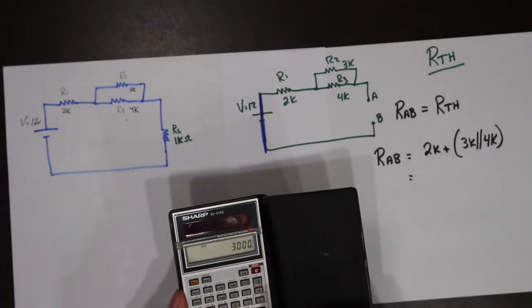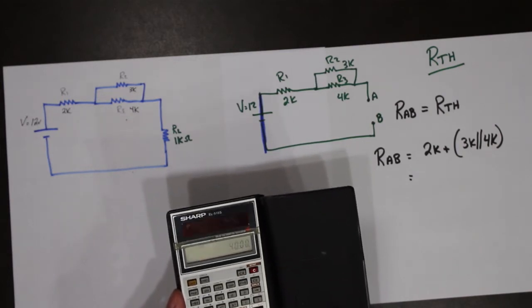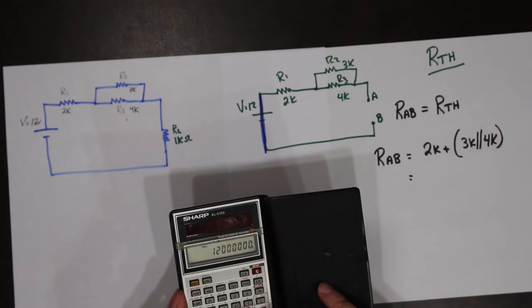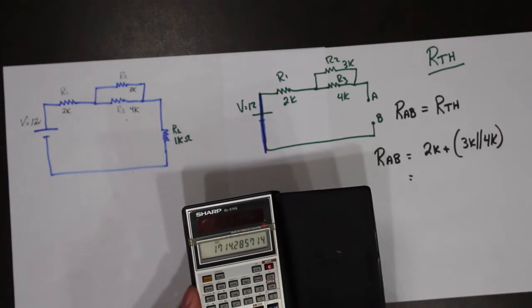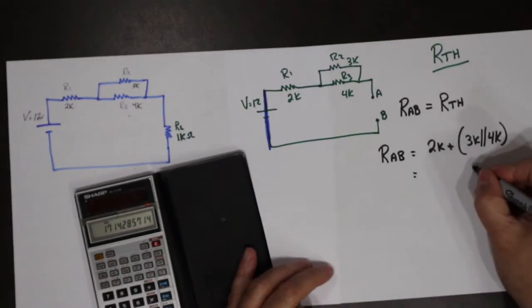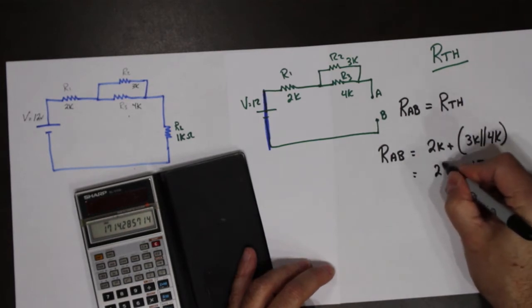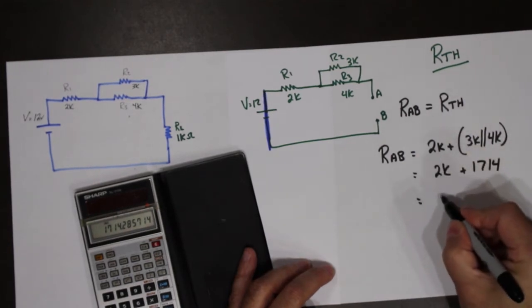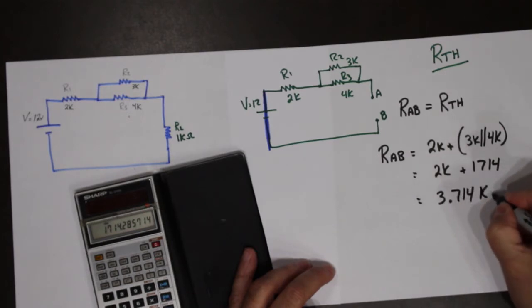So 3,000 times 4,000 divided by 7,000 equals 1714. So this is 1714 ohms plus 2K. And this is 3.714 kilo ohms.